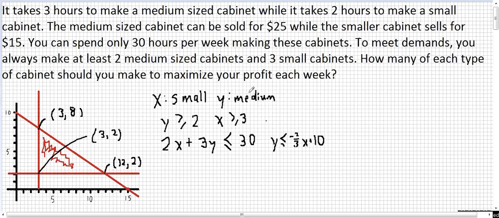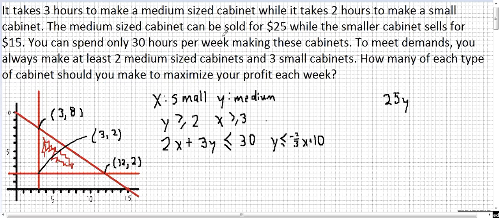So these are the coordinates that we need to use to find the maximum profit that we're looking for. And we need to find an expression for the profit. And that's given by this statement right here. The medium-sized cabinet can be sold for $25. So if we take the number of medium-sized cabinets and multiply by 25, that's the amount of profit that we're going to earn from the medium-sized cabinets.